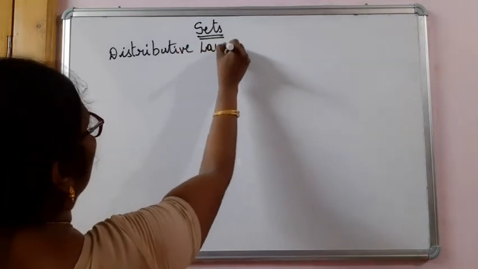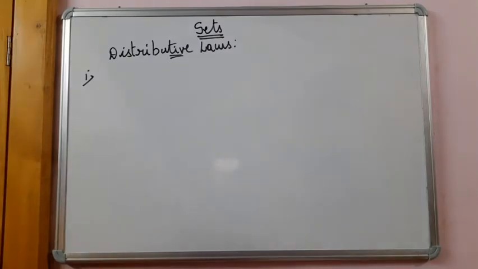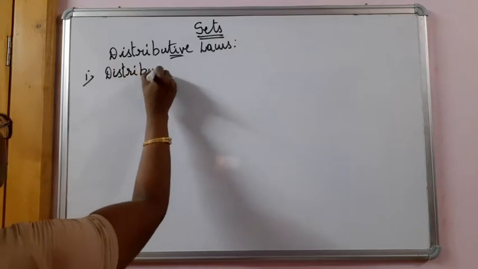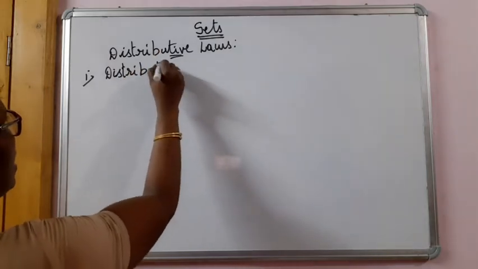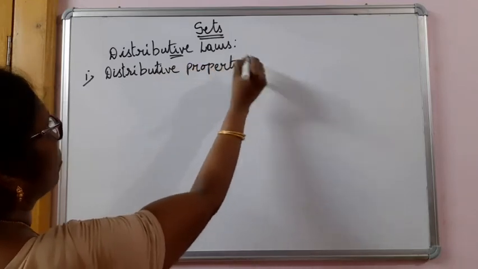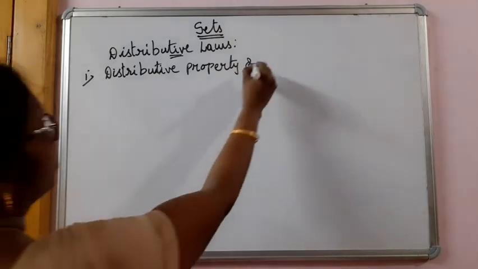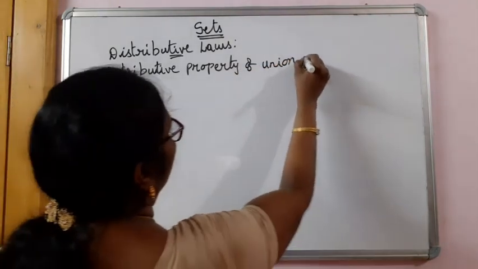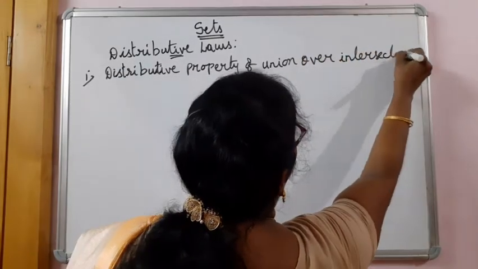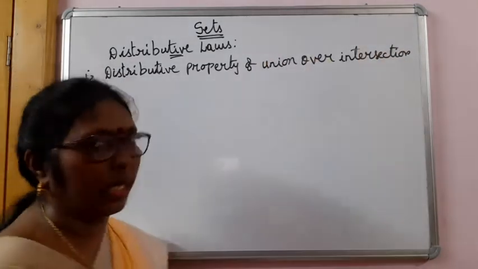There are again two types. One is the distributive property of union over intersection, and the other one is the distributive property of intersection over union.